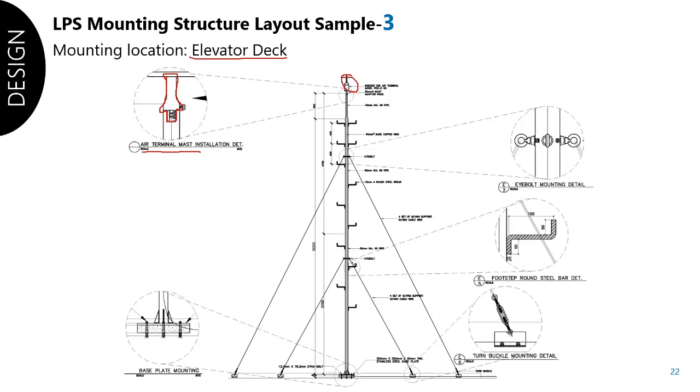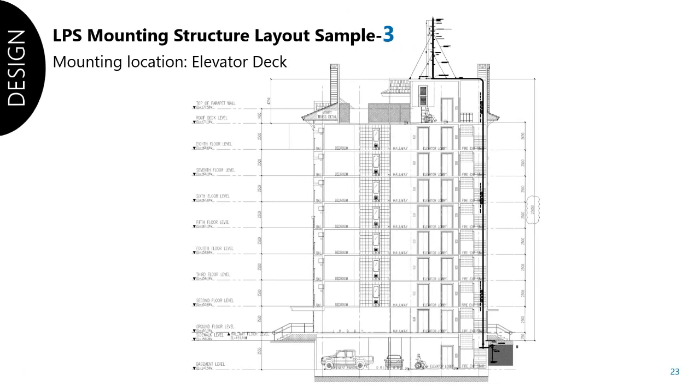Then if you have required guying design, there is an eye bolt mounting structure, then a pad or a base plate for mounting the lightning protection, then the guying support, and of course the footstep for maintenance purposes afterwards. This is how the installation looks. The down conductor goes down there. This is the elevator deck part.